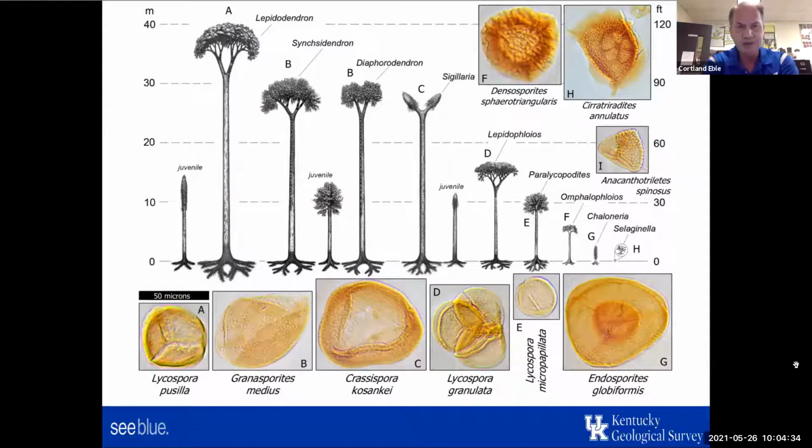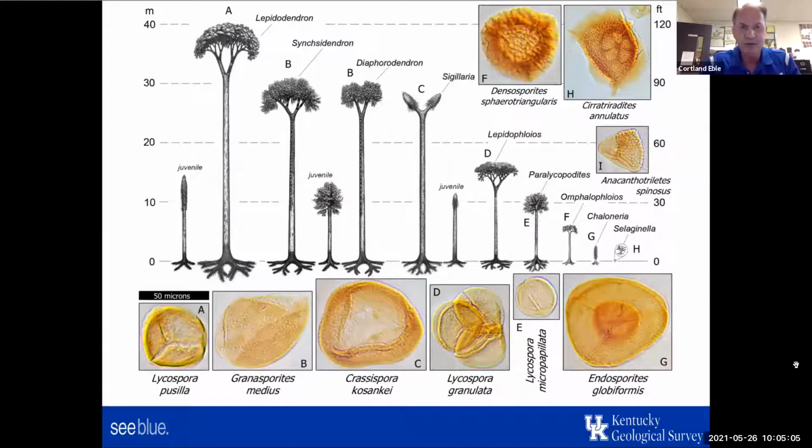This diagram of the lycopods, or lycopsids, was drawn by a colleague of mine, Steve Greb, who is a very talented geologist and an amazing artist. He took an earlier diagram and some others out of the literature from Bill and others and made this very nice reconstruction of what our major lycopod tree genera are like.